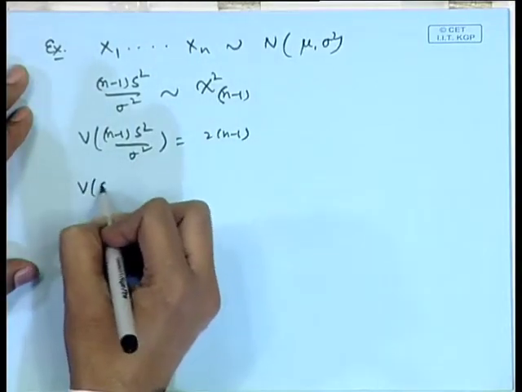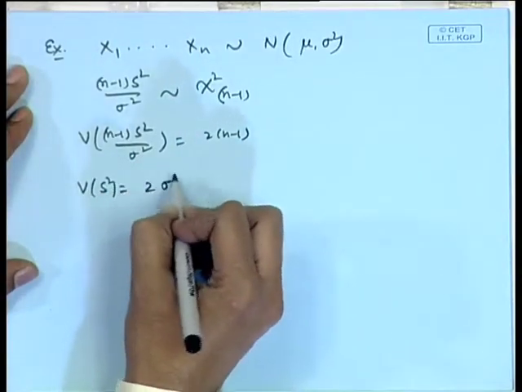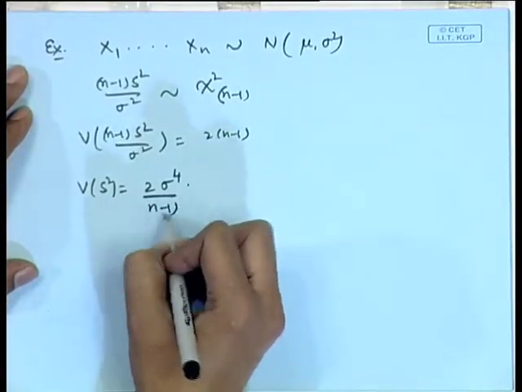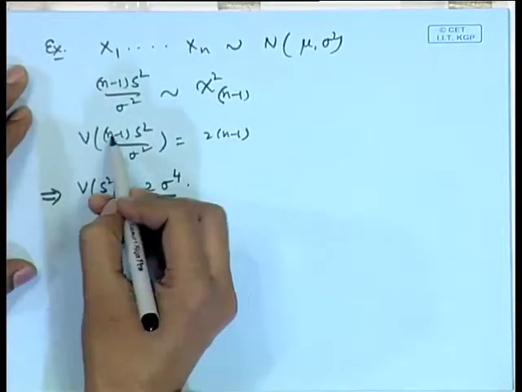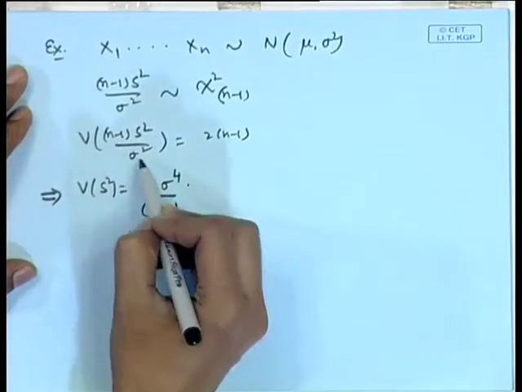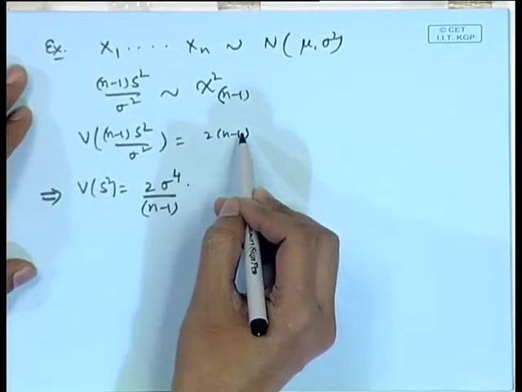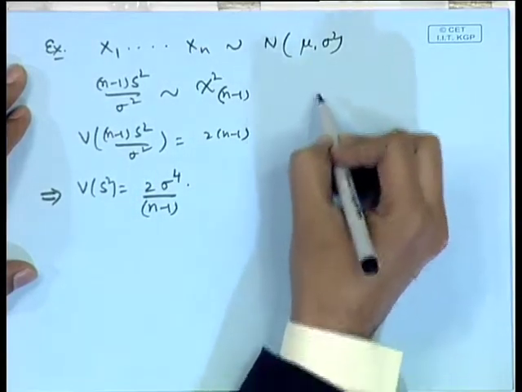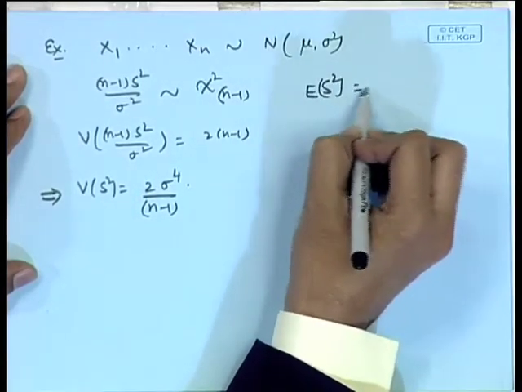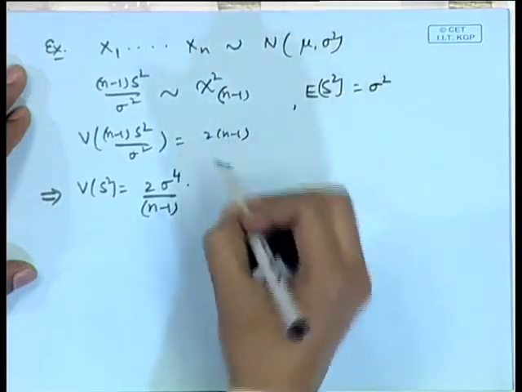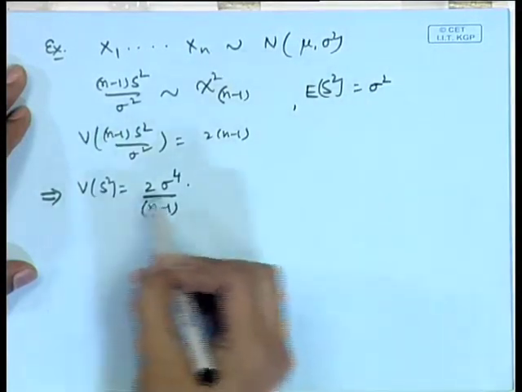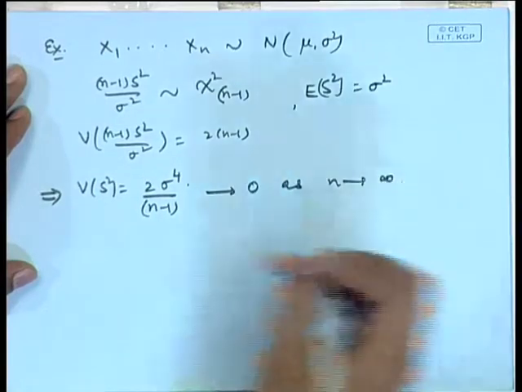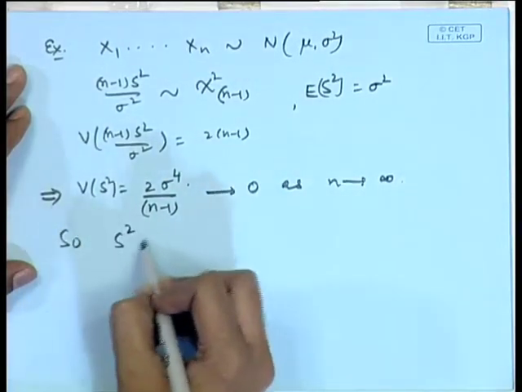So, the variance of s square is equal to twice sigma to the power 4 by n minus 1, because I can take out the terms n minus 1 square by sigma to the power 4 and adjust on the other side. We have already seen that the expectation of s square is sigma square. So, this is unbiased and its variance goes to 0 as n tends to infinity. So, s square is consistent for sigma square.